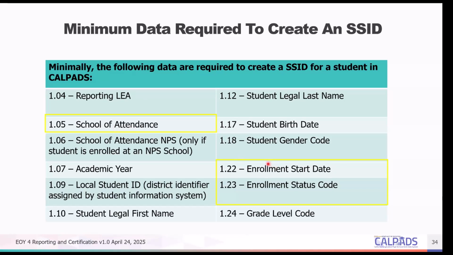Now, with regards to the enrollment start date and status code, you also have to be aware that depending on the meeting date or whatever information that SPED introduces, you will also have to adjust the enrollment start dates and the enrollment status codes. Okay? But here are your minimum requirements.